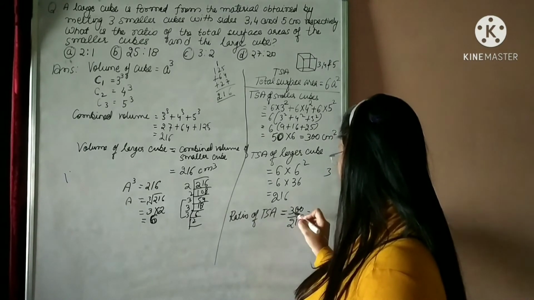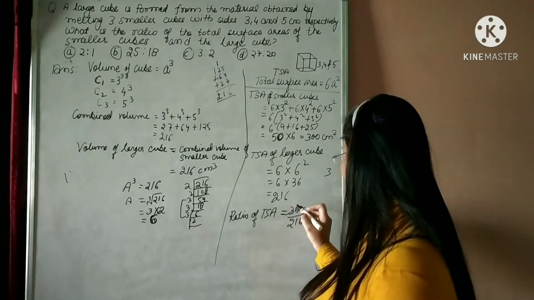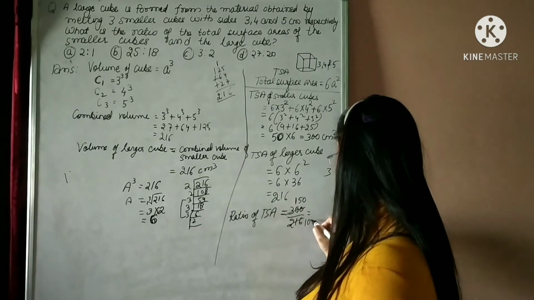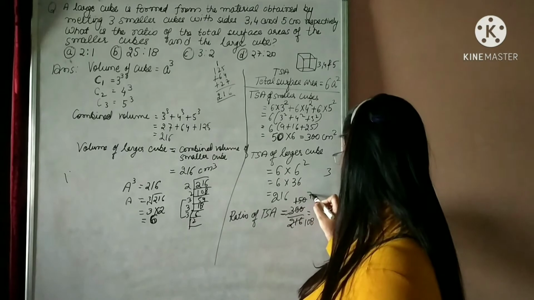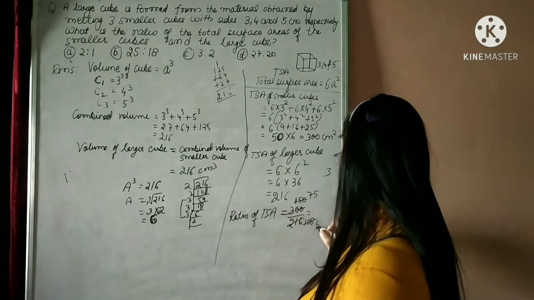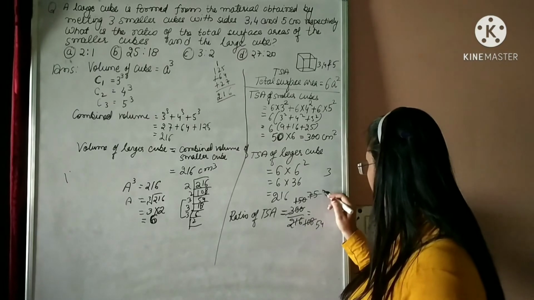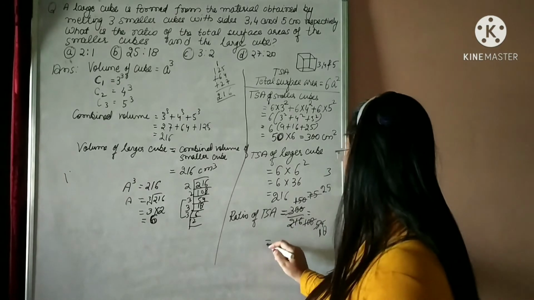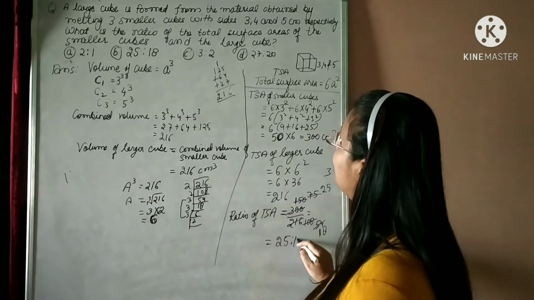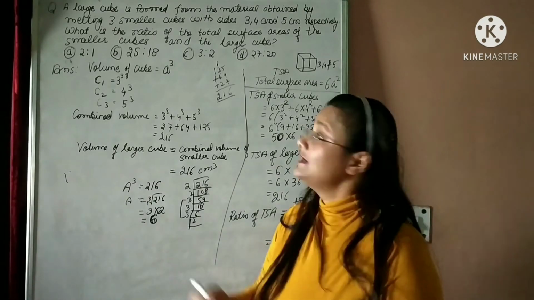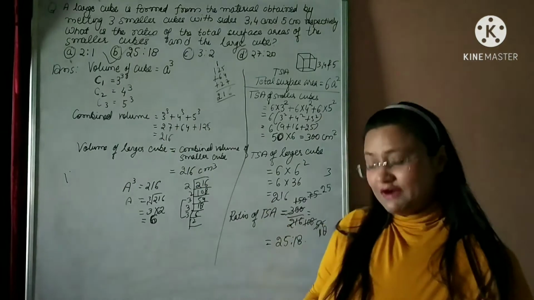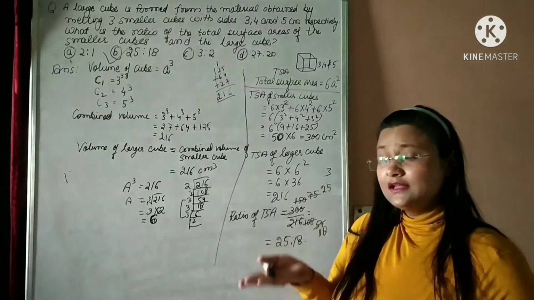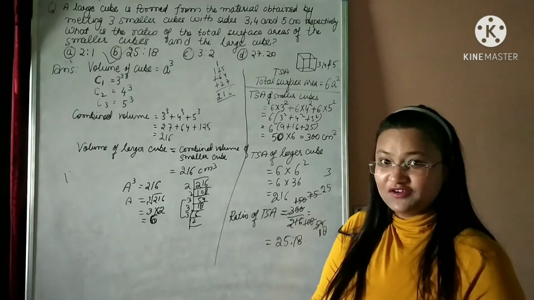So it is 25:18. Let me check if it's there in the options. Yes, so the correct answer is 25:18. That's how we can solve these kinds of problems. If we remember the formula, then we can easily solve them.